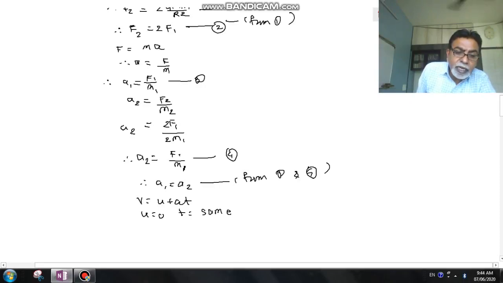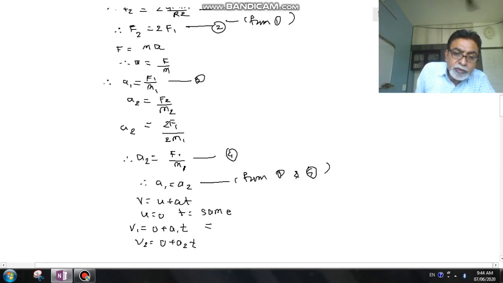And therefore, how will we calculate their velocity? v1 for the first one is 0 plus a1t, and v2 is equal to 0 plus a2t.